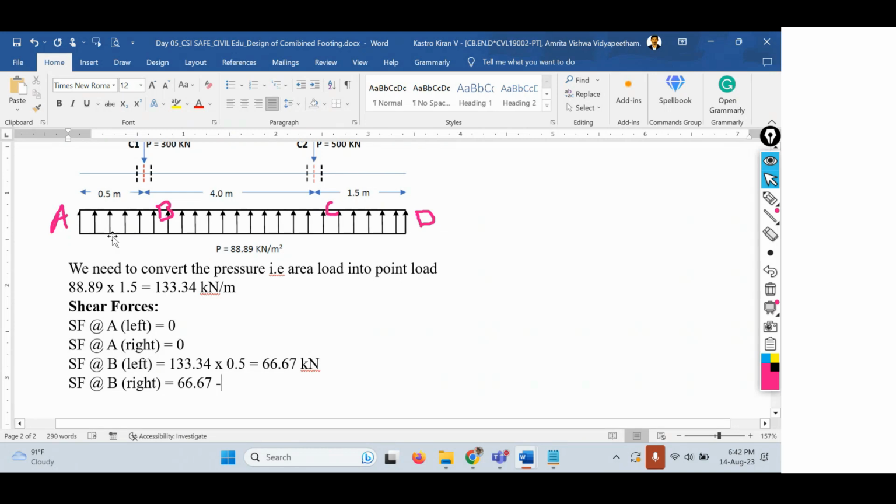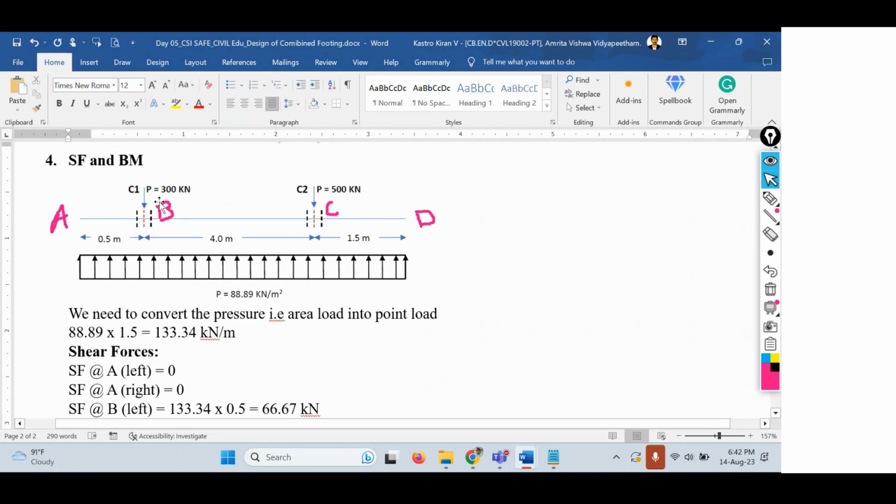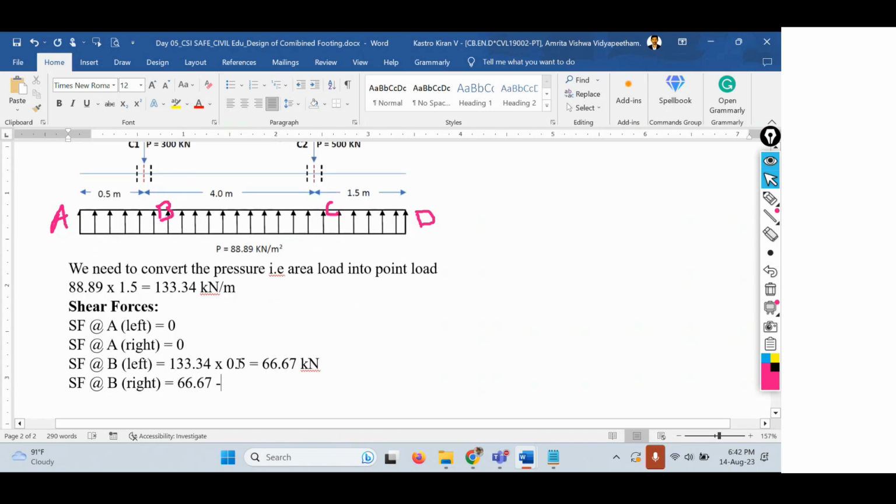I'm considering all the upward forces as positive and all the downward forces as negative. What is the downward force here? 300 kilonewtons. Since it is acting downwards, I'll consider it as negative. So you'll be getting the value in terms of negatives, that is minus 233.33 kilonewtons. That is the shear force at B on the right side.